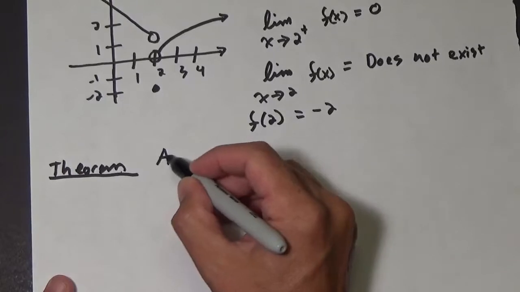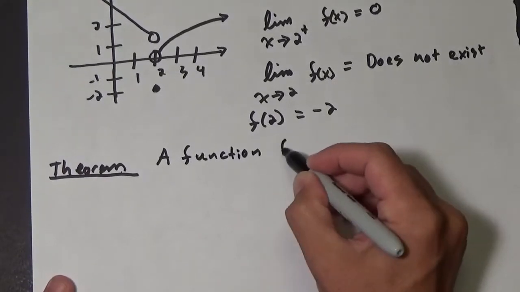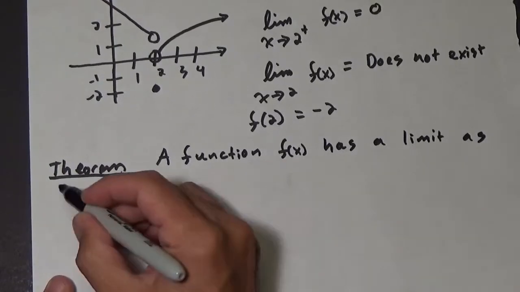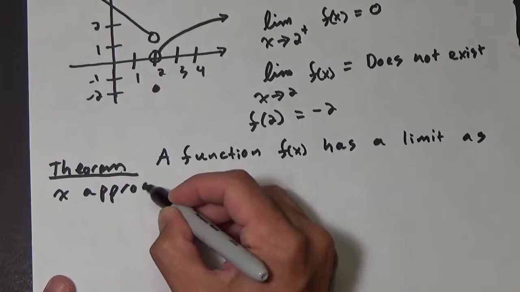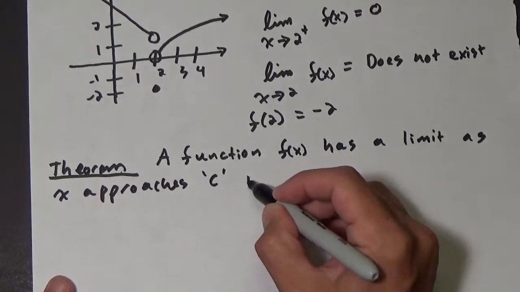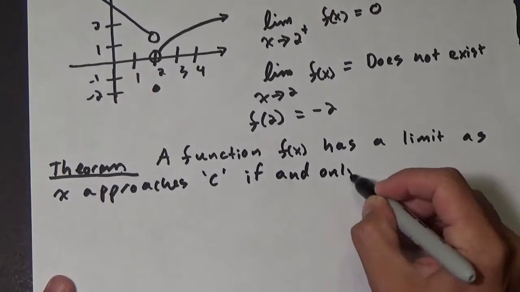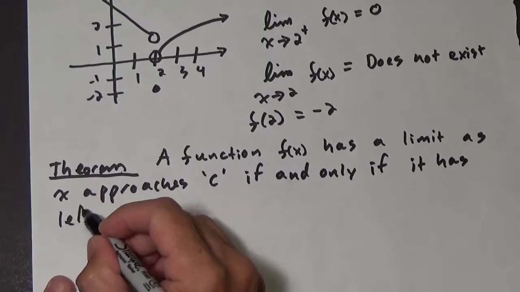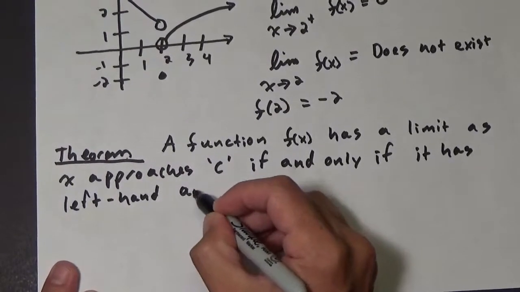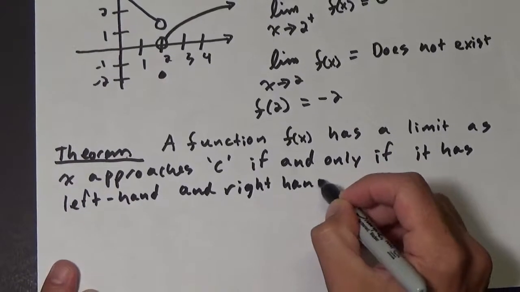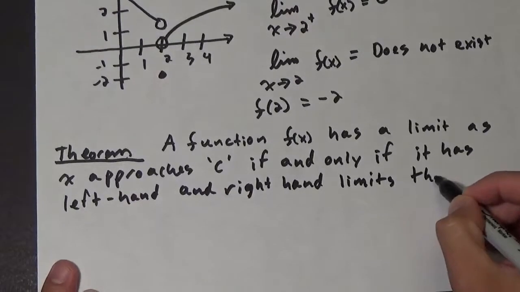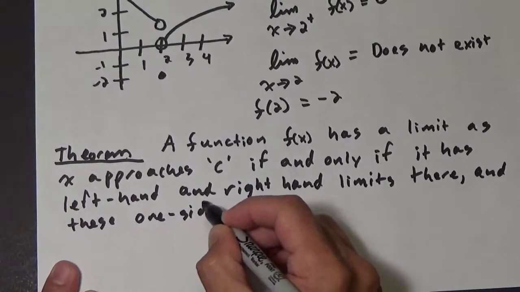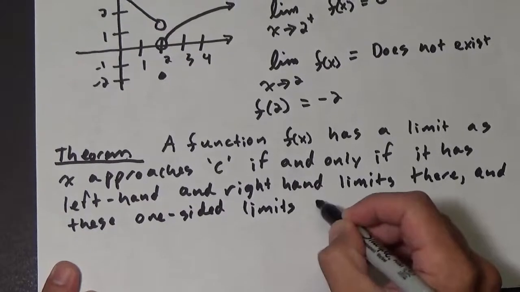our theorem states: a function f of x has a limit as x approaches c if and only if it has left-hand and right-hand limits there, and these one-sided limits are equal.